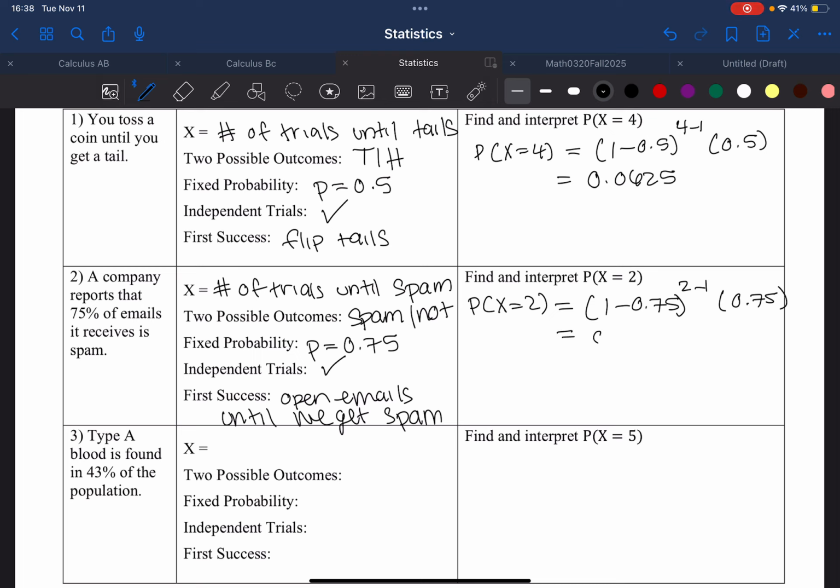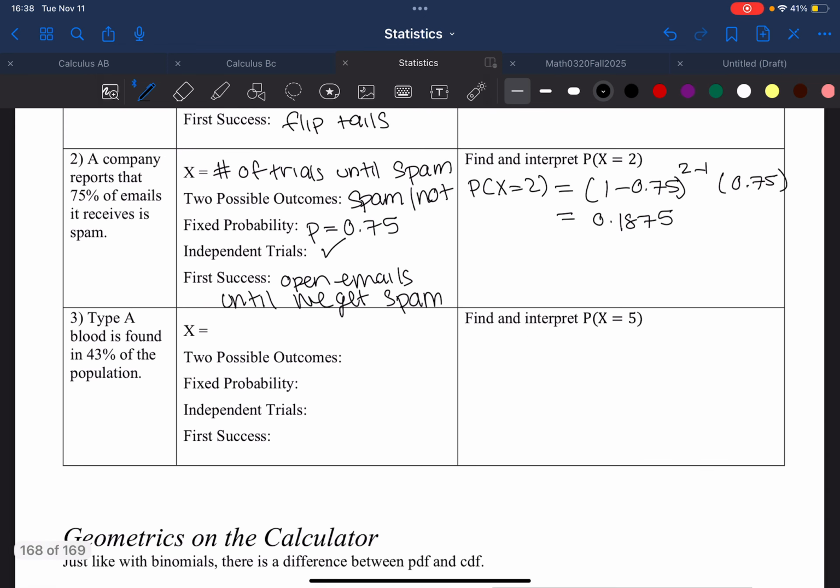This gives us 0.1875, or in other words, the probability your first spam email is the second email you open is about 0.1875 probability, or about 18.75% chance.